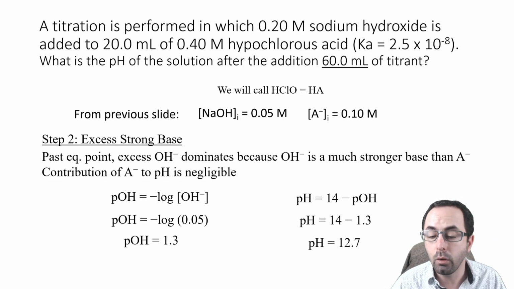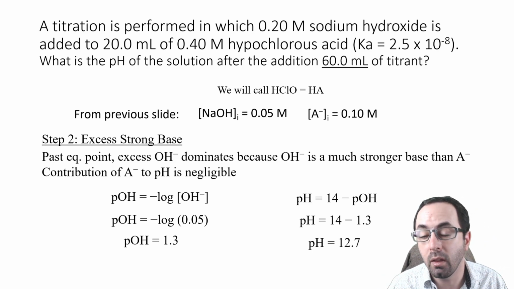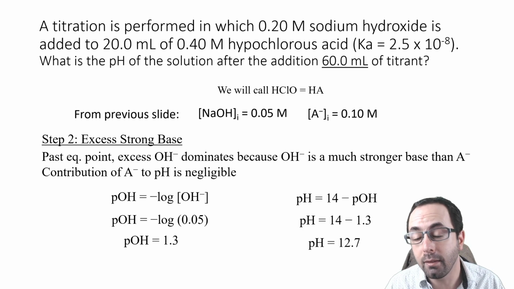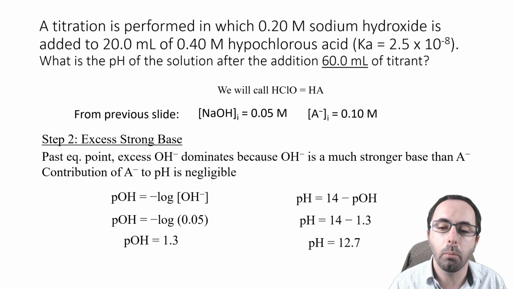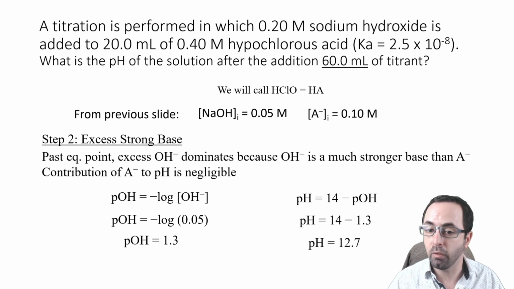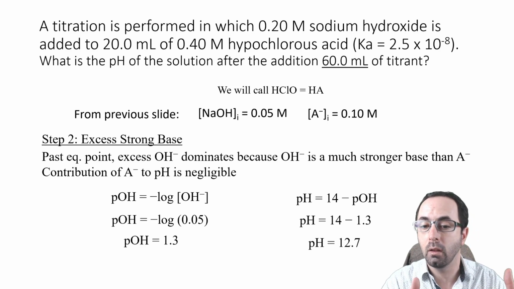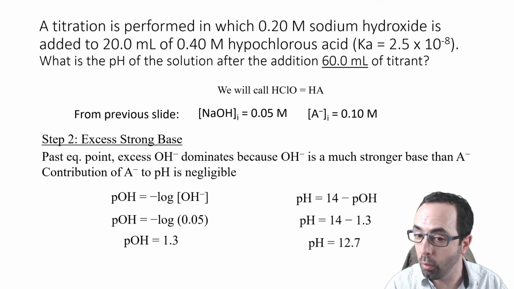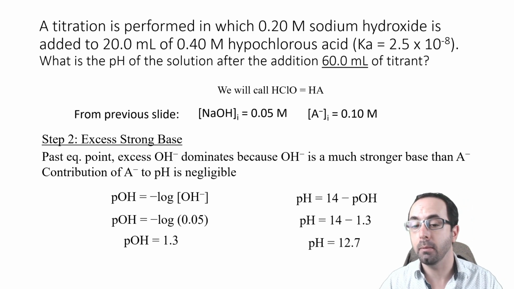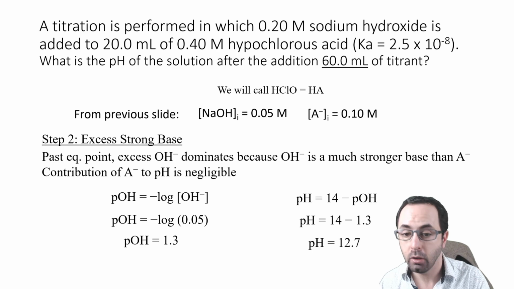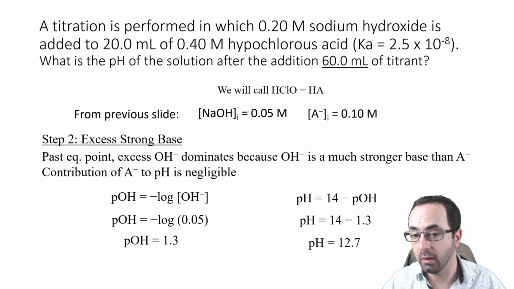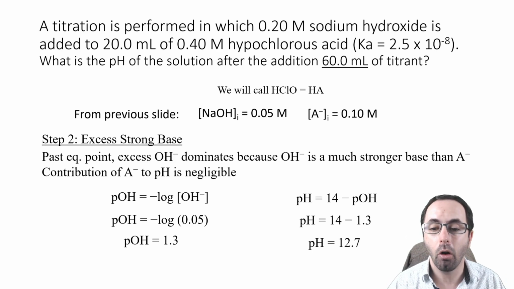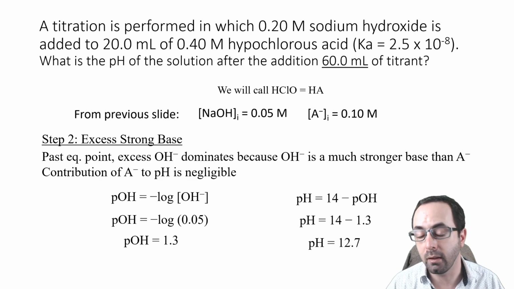And that is how you approach a strong base weak acid titration at each of the points in the titration: before the titration starts, after it starts but before the equivalence point, at the equivalence point, and after the equivalence point. Notice that the first step is always the same. It's the neutralization. It never changes. But the second step, the equilibrium step, all depends on where you're at in the titration.